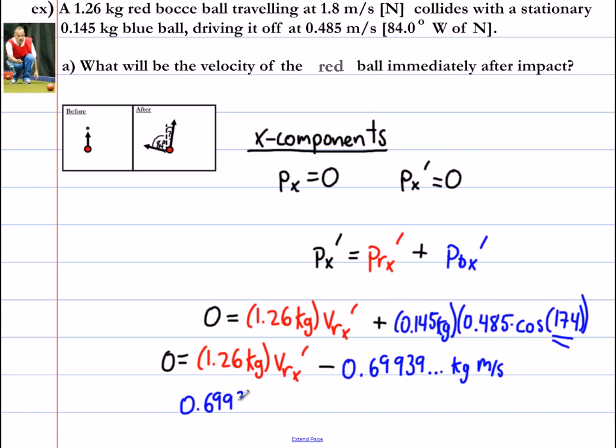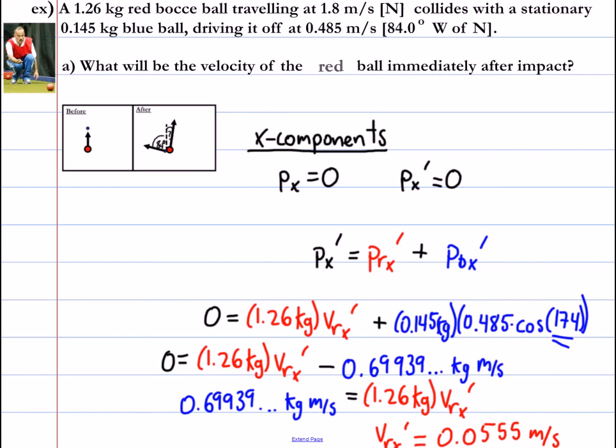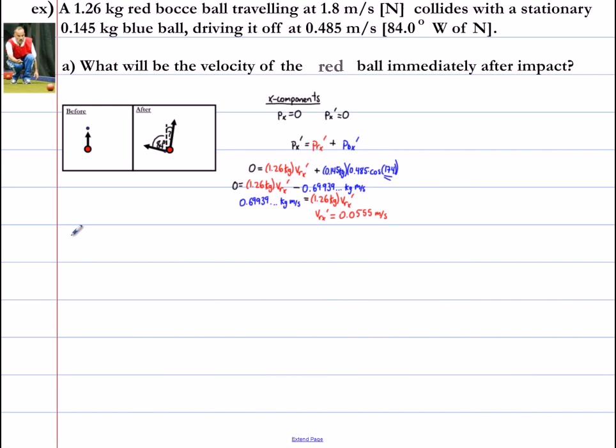Then we add 0.699 to both sides, and some digits after that, kilogram meter per second, and that's equal to the stuff above. So we get the x component of the red ball's velocity after the collision. It works out to about 0.055 meters per second. We'll shrink that away and move on to the y components. So the momentum is conserved along this direction as well.